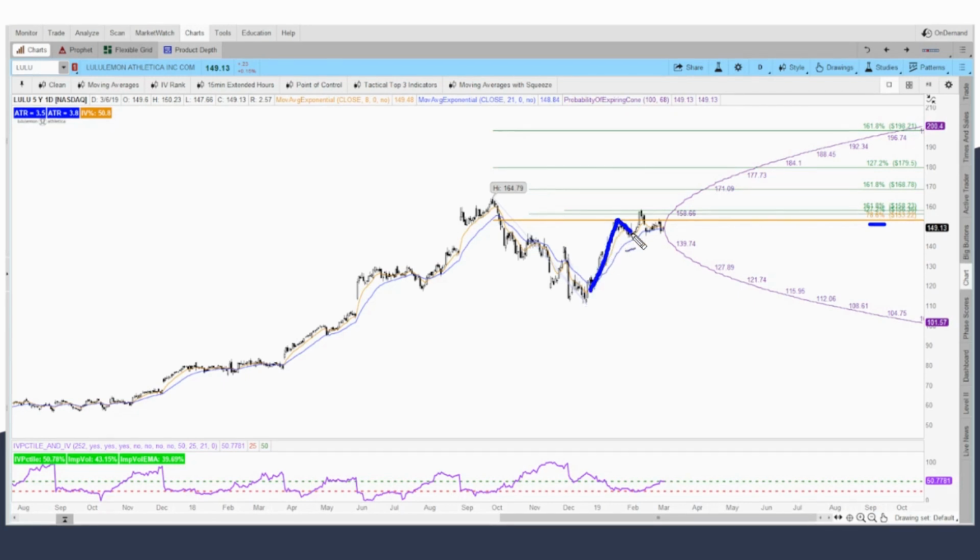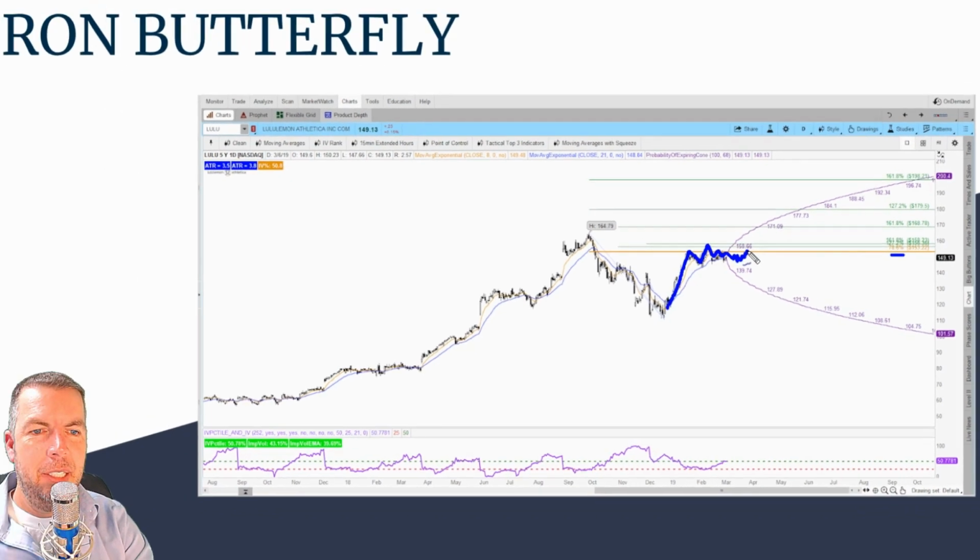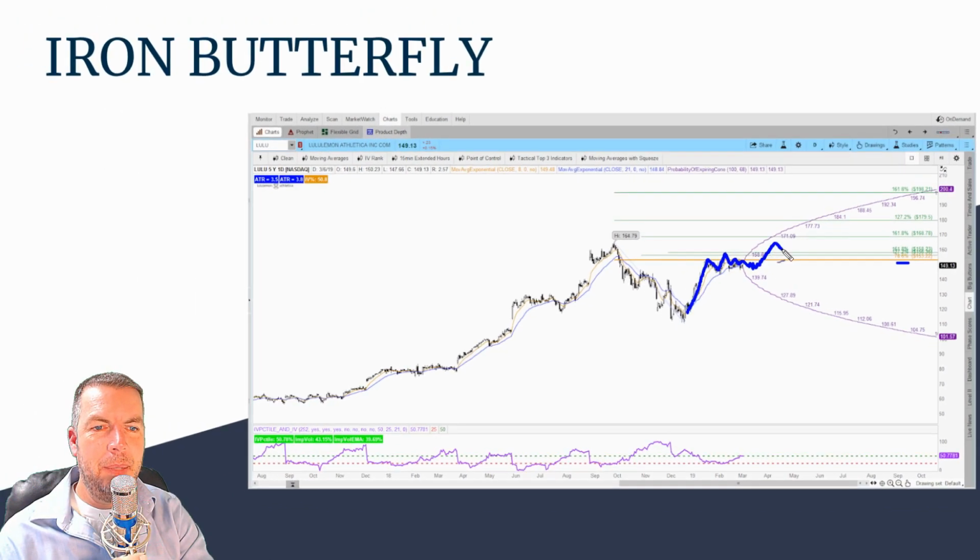You can see that we've bounced in here about that 0.786, and we're starting to form a little bit of resistance. Usually once a stock breaks through, sometimes it's going to come back and retest it. So I like to form these trades around places where it's had a move and we're coming into some resistance, so it can trade sideways for a while, and that implied volatility can start to decrease as it trades sideways.